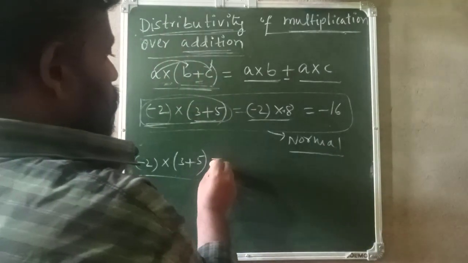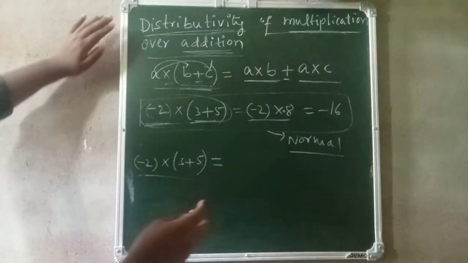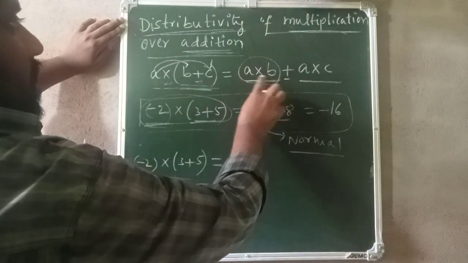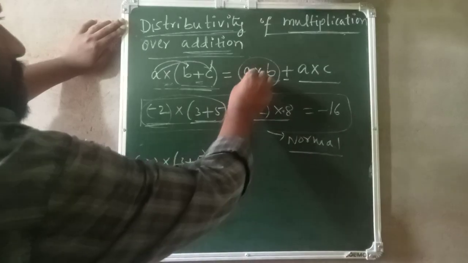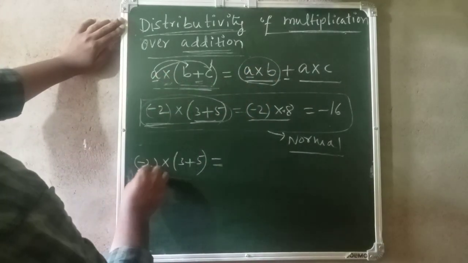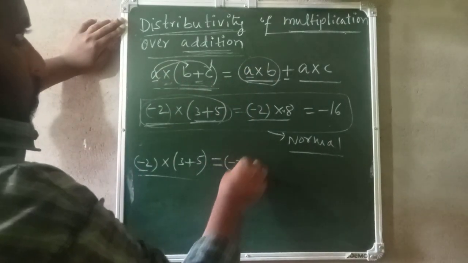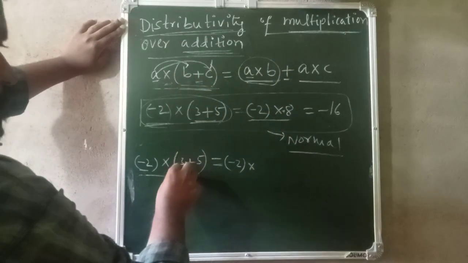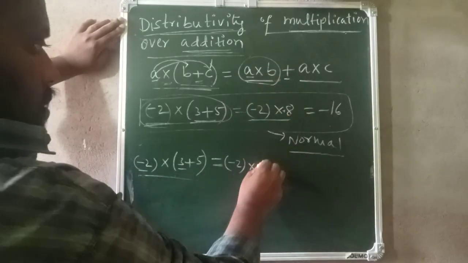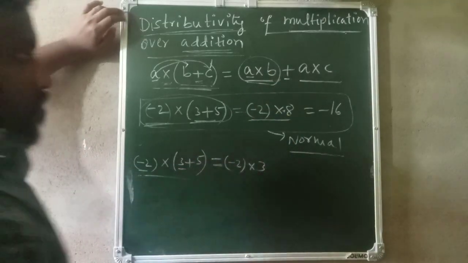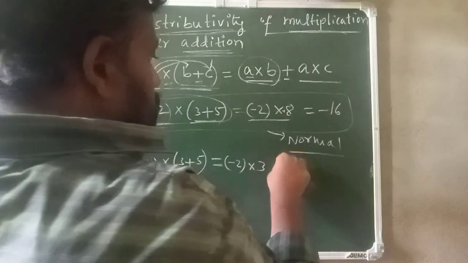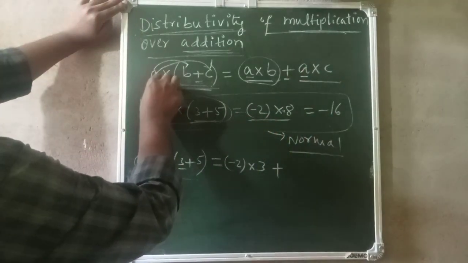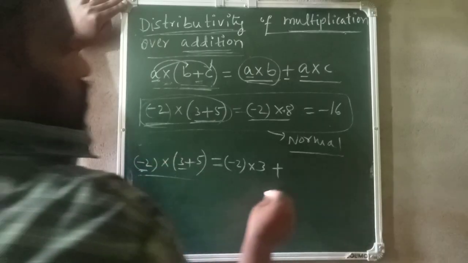Now this is equal to, how to simplify? See, according to this property it is equal to a into b. Okay, so in place of a what we have, minus 2, into b, in place of b what we have, 3. So in place of b, 3 I will write, plus, next to a, in place of a we have minus 2, that you will write here.